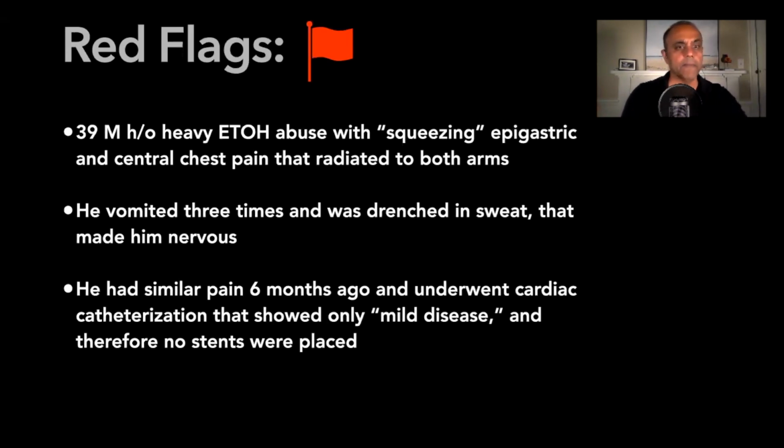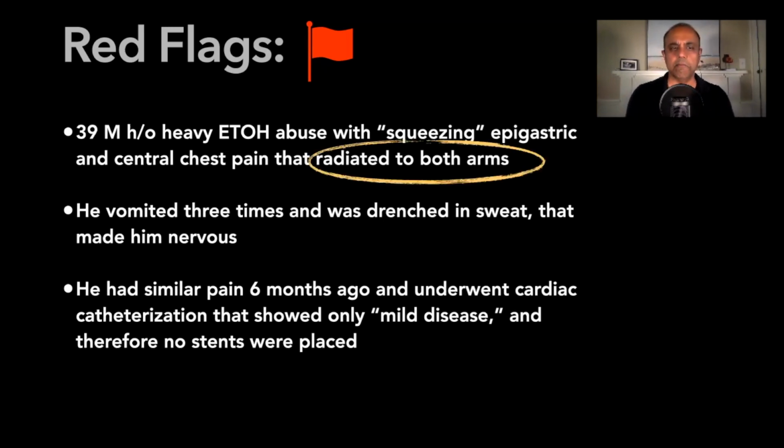Now, he came to the ED because he was concerned about this pain, and in looking at his history, try to identify some red flags. In my mind, there are about 3 major problems with this history. Radiation. We know that radiation of chest pain to the arms is bad, but radiation to both arms is really bad.